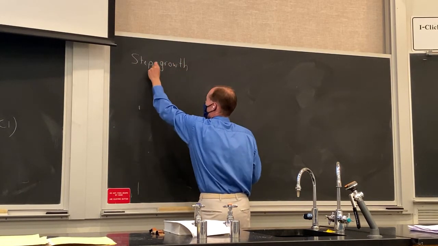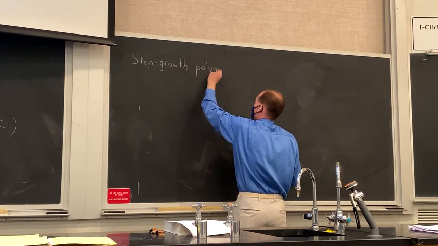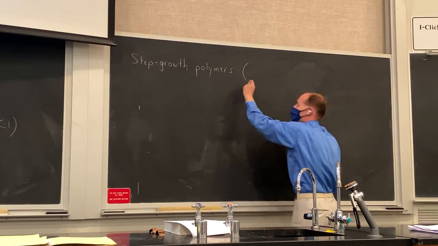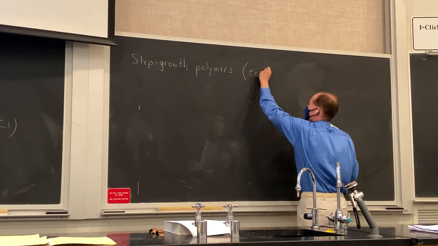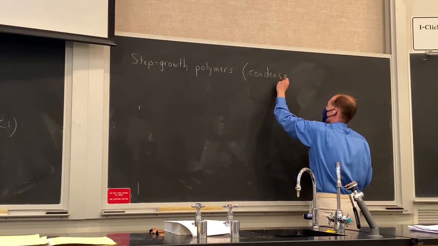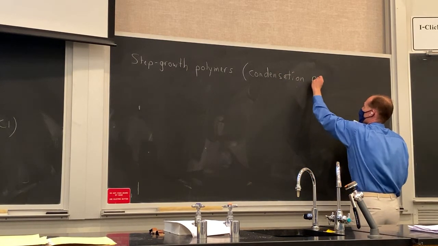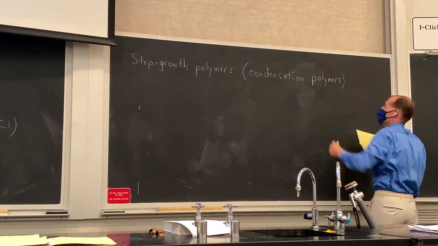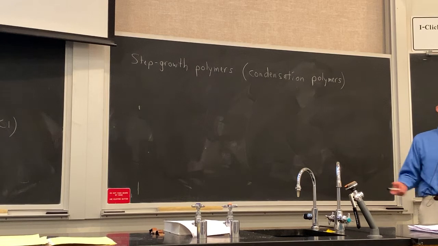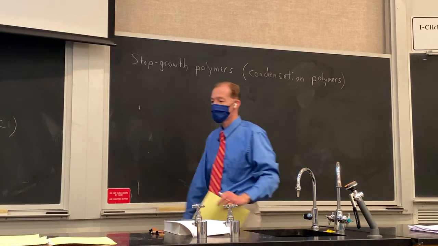So condensation reactions are reactions where 2 molecules come together to form a larger molecule with elimination or loss of a small molecule such as water. Okay? So when we form an ester or we form an amide with water as a byproduct, that would be known as a condensation reaction.